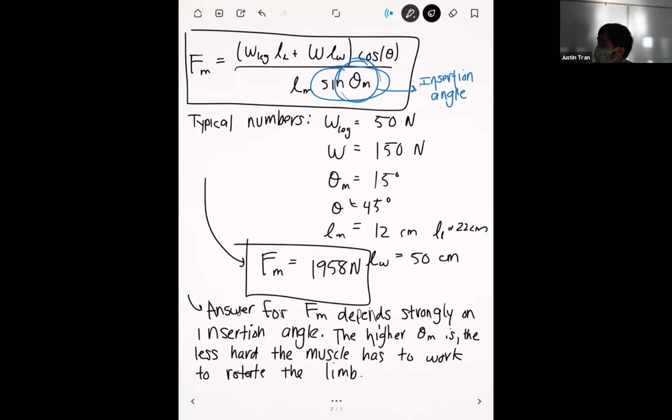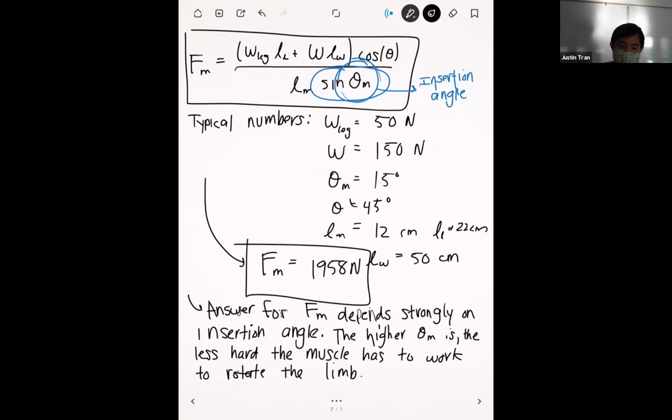And the opposite is true as well. If your attachment angle is really small, especially when it approaches zero, then your muscle has to work really, really hard because there's just not really any component for that muscle in that rotary direction where it can actually rotate your limb. And so generally, what you want, at least in terms of ease for your muscles to act, is to have higher attachment angles.